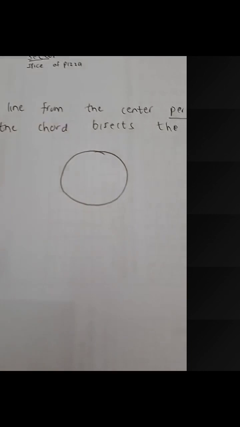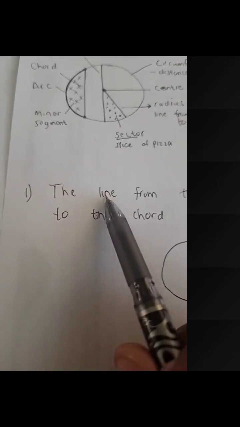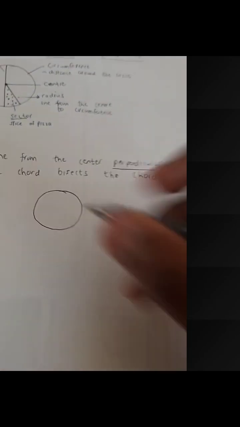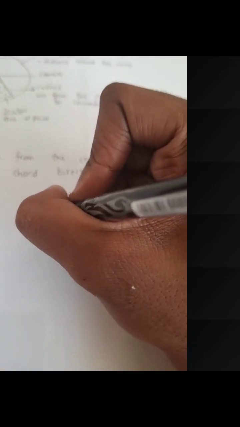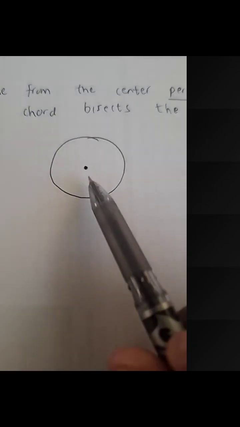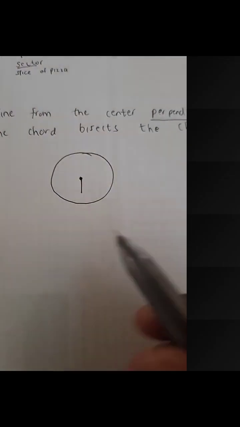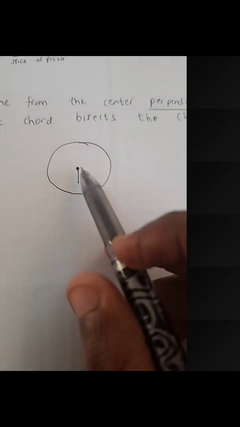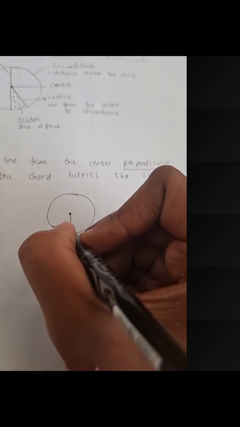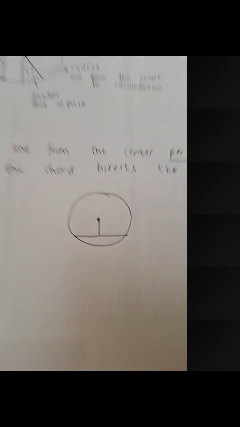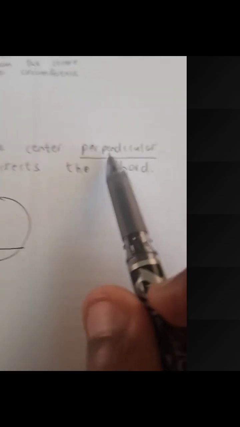First and foremost, obviously this is within a circle because a line from the center. So let's put in the center here because we know what a center is. I've just drawn a line from the center. But then what does it further say?